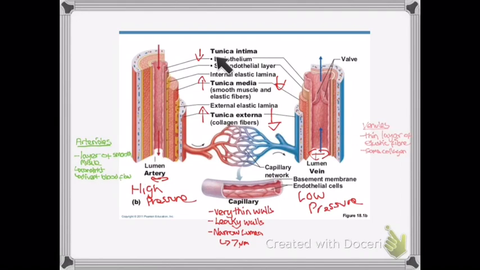Our last one to look at is our tunica intima, which you guessed it is once again going to be the opposite. We have a thick tunica intima. This is because veins need elastic recoil for venous return. So venous return is when you're returning blood back to the heart.